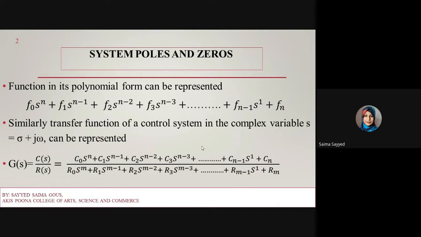So this is the transfer function of a control system in the complex variable s equal to sigma plus j omega. Here c of s represents the Laplace transformation of the output signal, and r of s represents the Laplace transformation of the input signal.